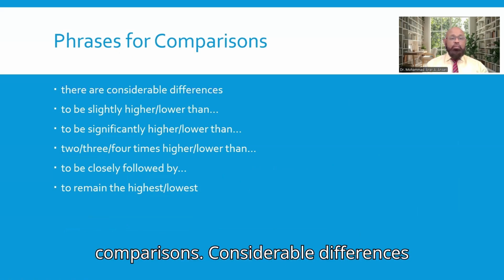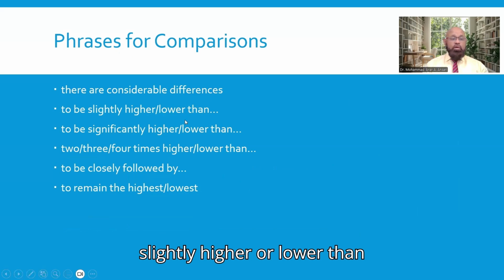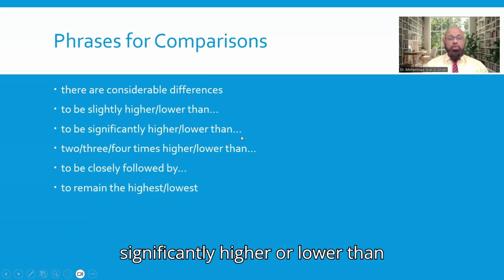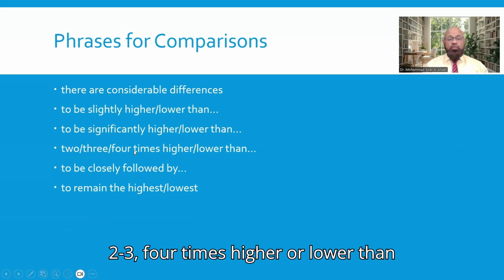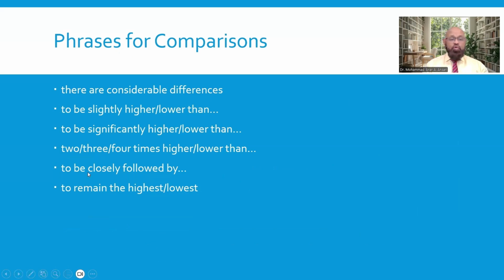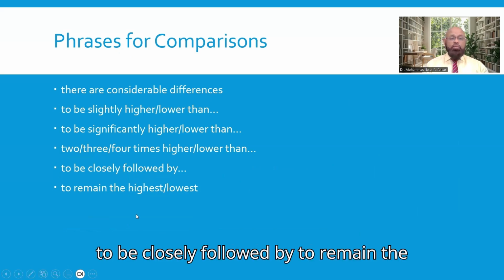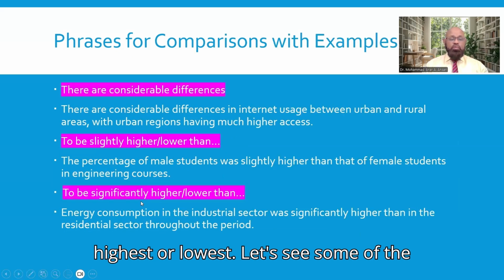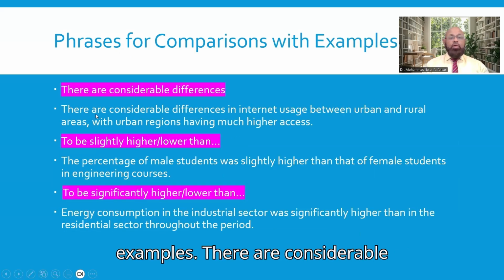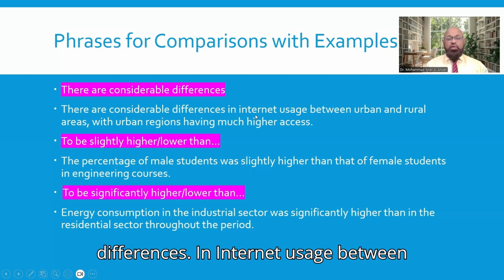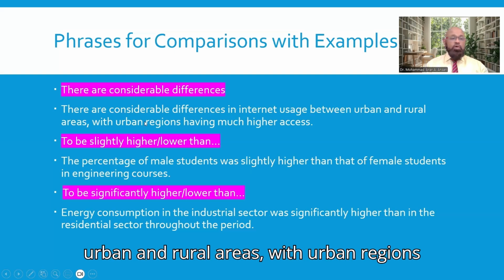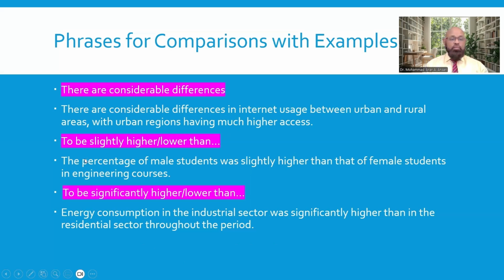Now these are the phrases for comparisons: considerable differences, slightly higher or lower than, significantly higher or lower than, 2, 3, 4 times higher or lower than, to be closely followed by, to remain the highest or lowest. Let's see some of the examples. There are considerable differences in internet usage between urban and rural areas, with urban regions having much higher access.